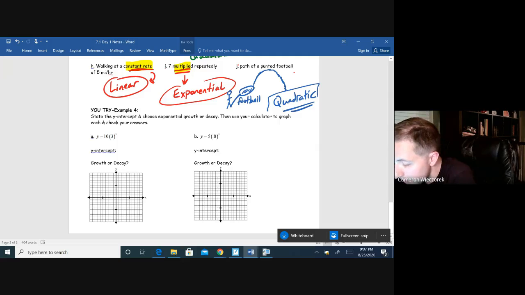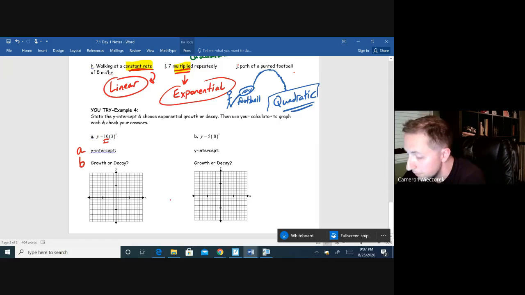In part A, we have y equals 10 times 3 to the x. My y-intercept, remember, that's my starting value. I'm going to write what letter that is next to it. That's always going to be the letter A. My growth or decay is going to be determined by the letter B. So A in this problem, remember, that's the one that does not have the exponent.